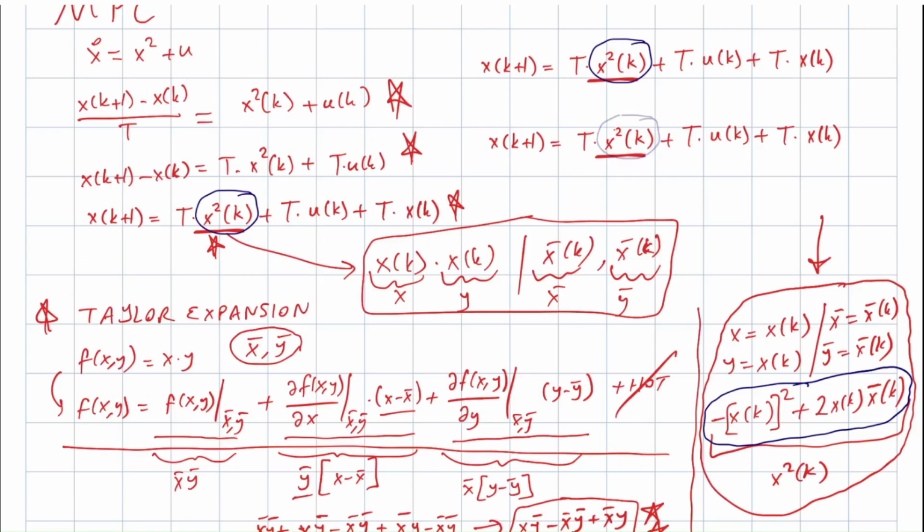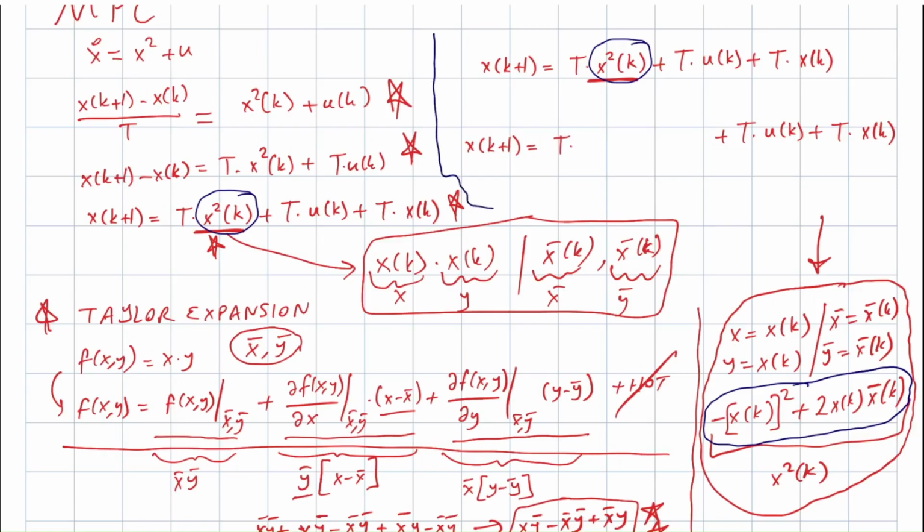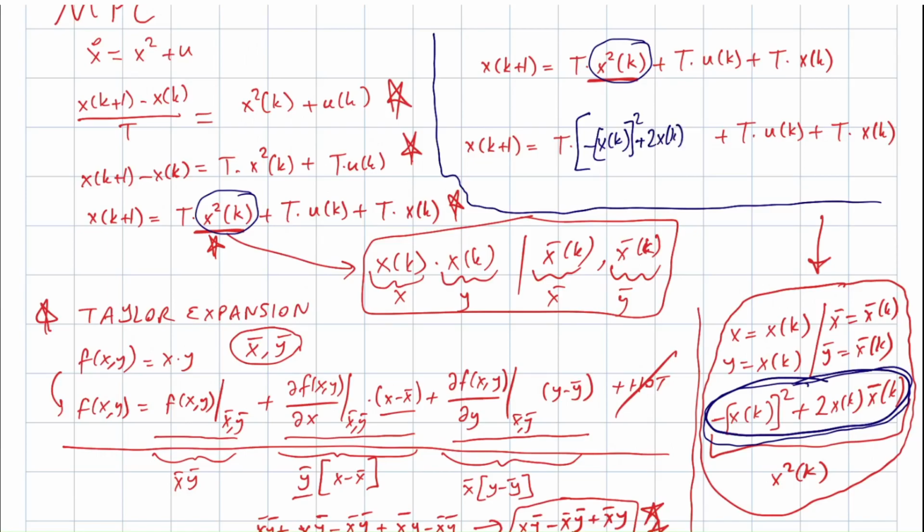Let's delete this term and get a little bit of space for ourselves. Just look at this place. We are just going to write this expression: minus x of k square, plus 2 times x of k times x bar of k.